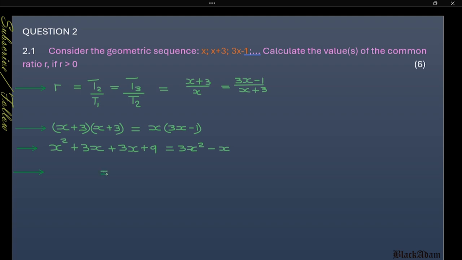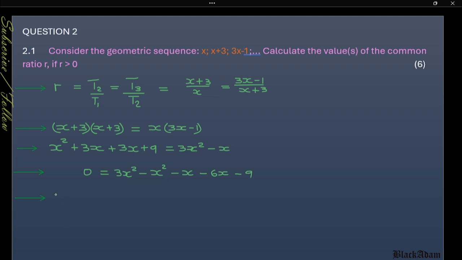That will be x squared plus 6x plus 9 equals 3x squared minus x. So we take the x squared to the right, it becomes negative. Then we have negative 6x, and we take it to the right side, and we have 9 to the right, it becomes negative 9, and then everything is on the right, so the left is 0.